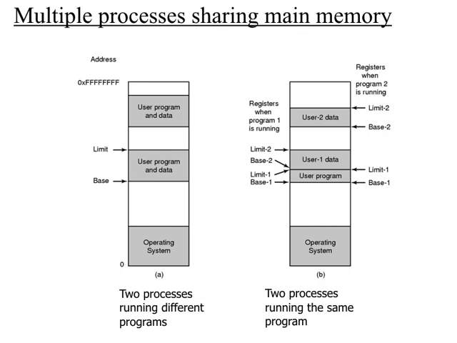Again, in this particular figure, we see two processes running in the main memory. There is a base and a limit associated with the memory of each process. So the base address represents where the process's memory allocation begins, and the limit represents where it ends.